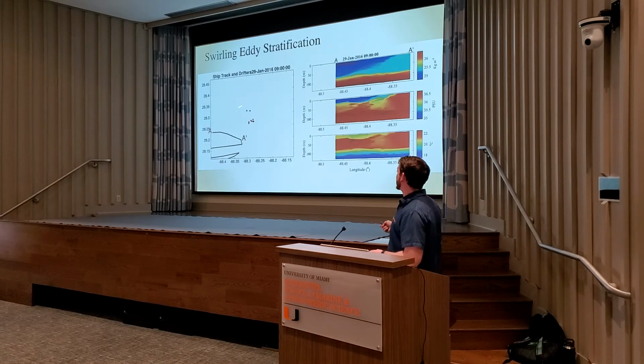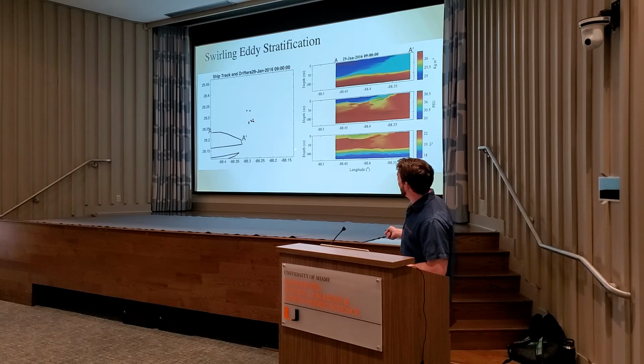So here I'm going to show those drifter trajectories again, and at the same time they traveled over a CTD survey. So you're going to see the transects here advance as the drifters move through these transects of potential density, salinity, and temperature.